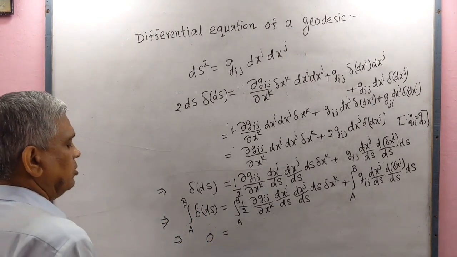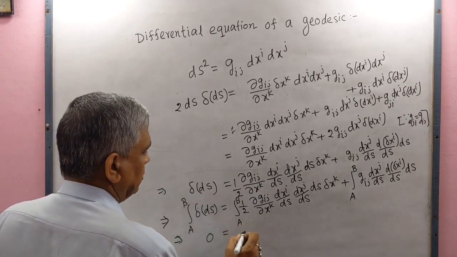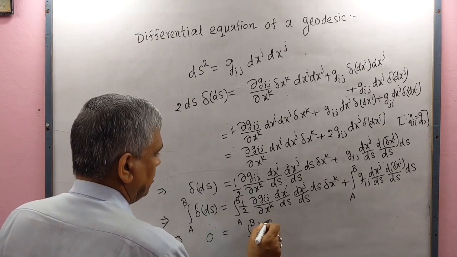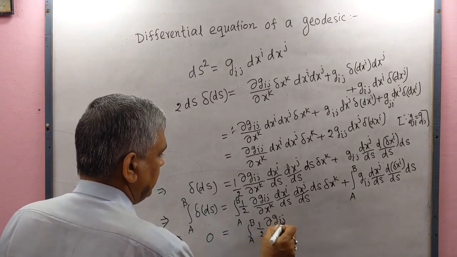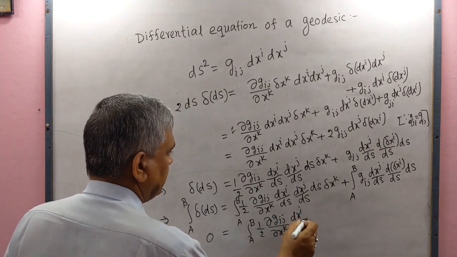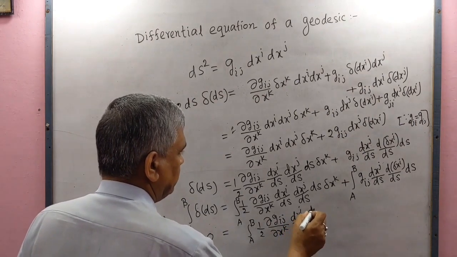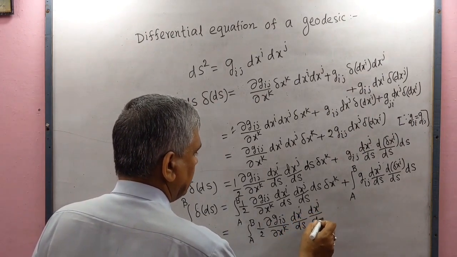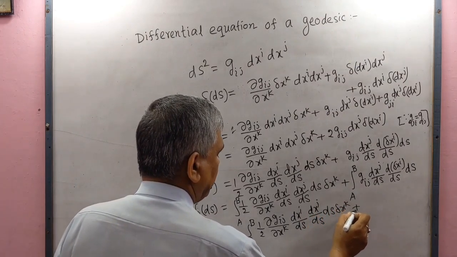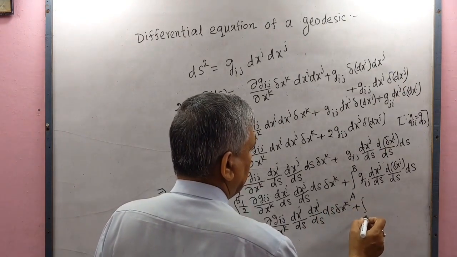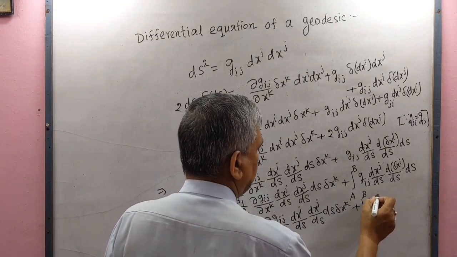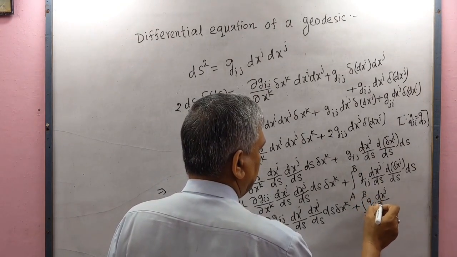So 0 equal to this, A to B half del gij by del xk dxi by ds dxj by ds ds del xk plus A to B gij dxj by ds.